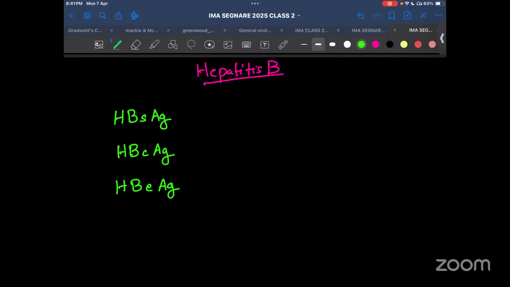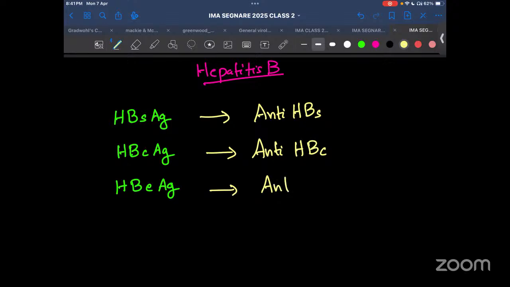So when antigen is there, antibody is there. The corresponding antibody for HBsAg is anti-HBs antibody, for HBc we have anti-HBc antibody, and for HBe we have anti-HBe antibody. Okay, is it clear?